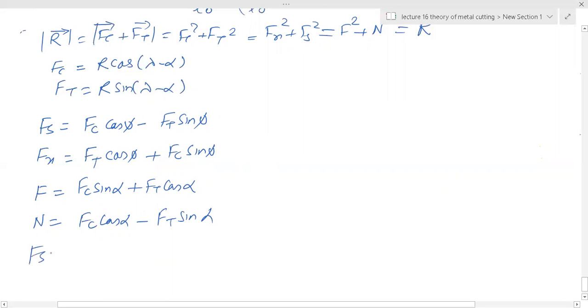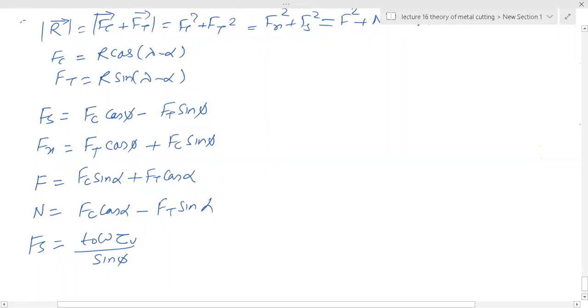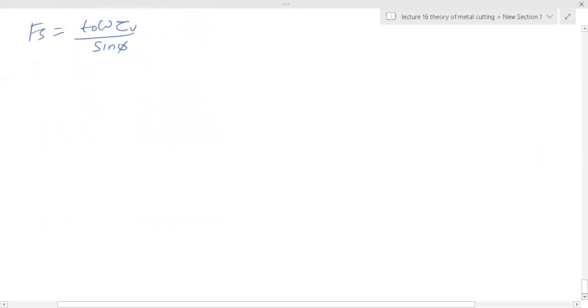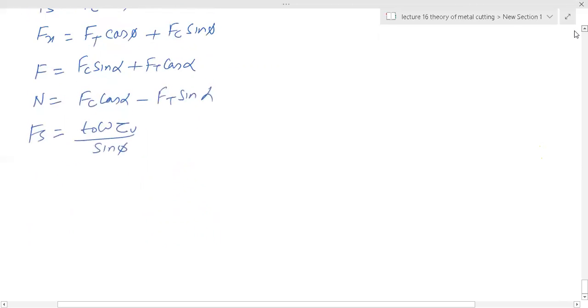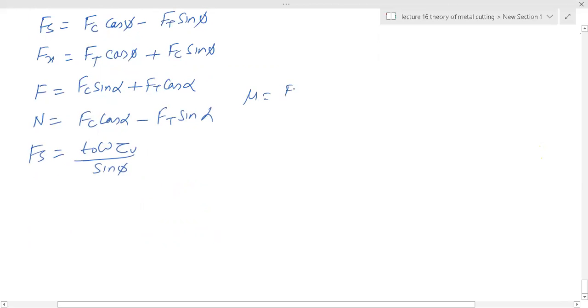Okay, fine. Then Fs we also got as t0 w tau divided by sin phi. Then this mu is equal to F by N, that is Fc sin alpha plus Ft cos alpha divided by Fc cos alpha minus Ft sin alpha, and that is also equal to tan lambda.